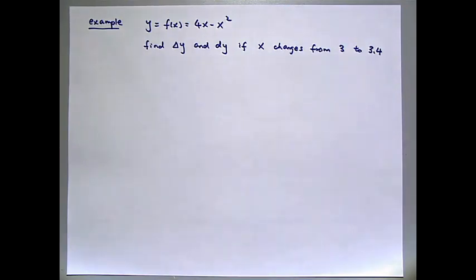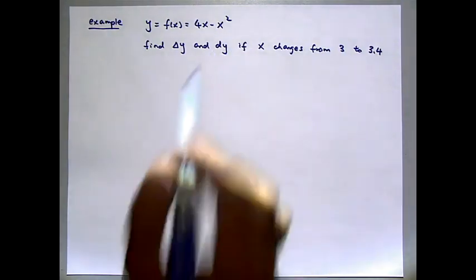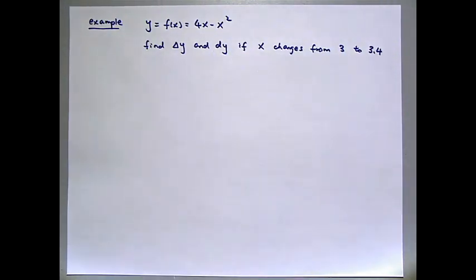And let's find out the true change in the function if we move x from 3 to 3.4. And we'll compare that to what the estimated change from linearization would tell us. And we'll see how good the comparison is.